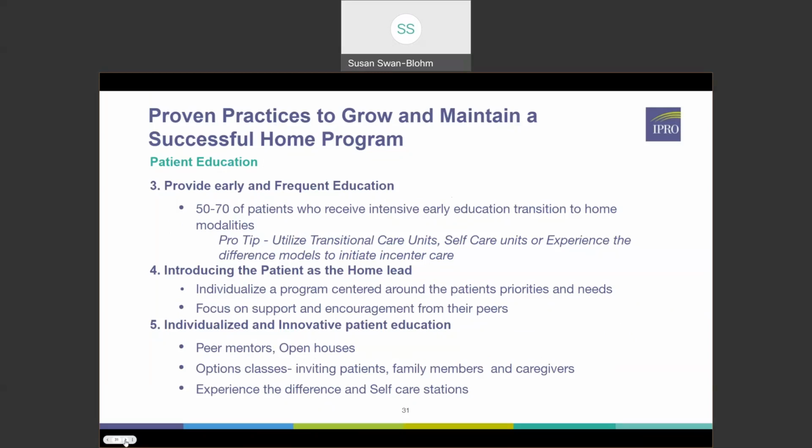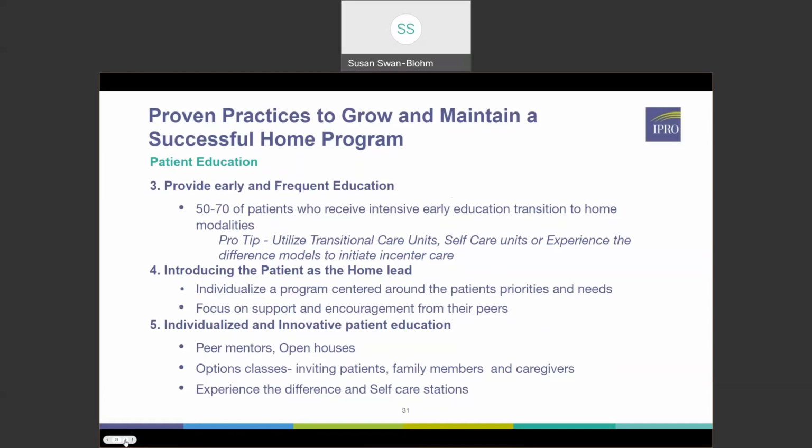Facilities who have adopted self-care units give patients the confidence and skill to enter a home program and be successful. Using stations where patients can try the home equipment and experience more frequent dialysis in the in-center setting have seen even higher rates of home modality transitions.